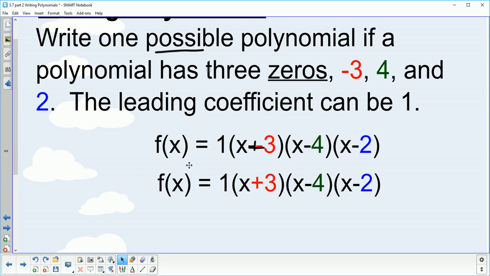Okay, and if I didn't tell you to multiply out those polynomials, that would be all you need to do. This is f of x in its factored form. And remember, zeros are also called x-intercepts. So you could even add, x-intercepts at -3, 4, and 2. Okay, and because we have 3 zeros here, this would end up being an x to the third polynomial. We could have multiple terms for that though.